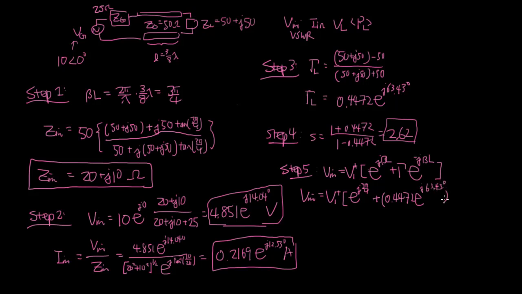So that's our reflection coefficient times e to the minus j 3 pi over 4. And that whole thing is going to be equal to your Vn, right? So that whole thing is going to be equal to 4.851 e to the j 14.04 degrees.